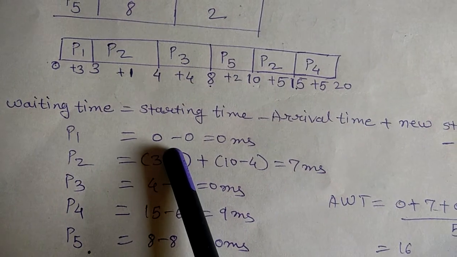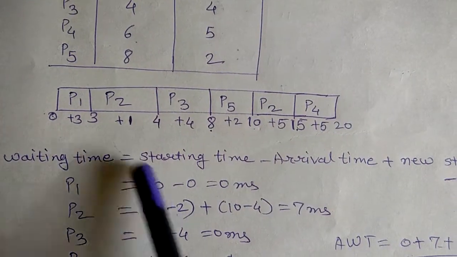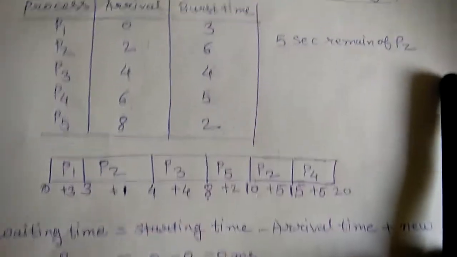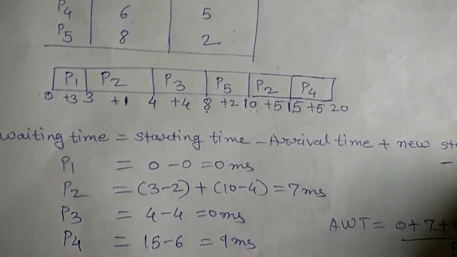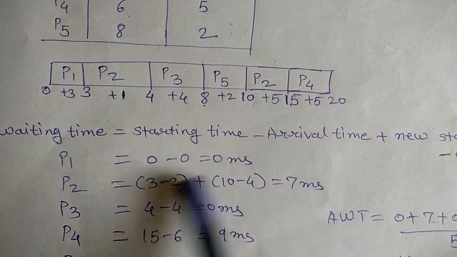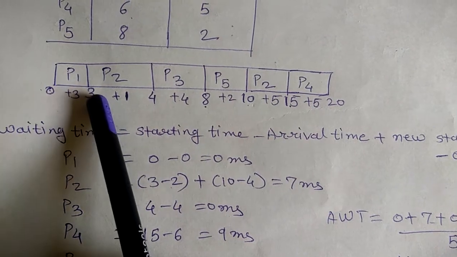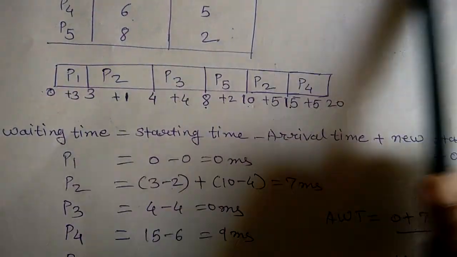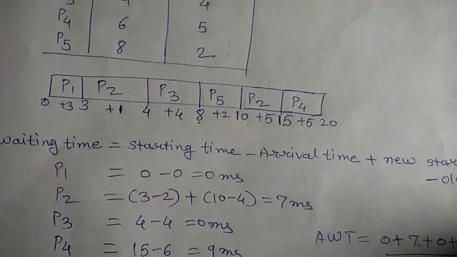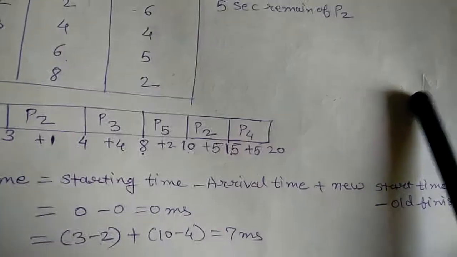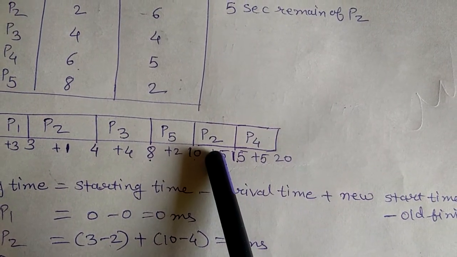The arrival time of P1 is 0. The starting time of P1 is 0. So 0 minus 0, 0 milliseconds. Now the process P2. The start time of process P2 is 3. The arrival time of process P2 is 2. So 3 minus 2, plus the new start time, because process P2 has resumed itself.